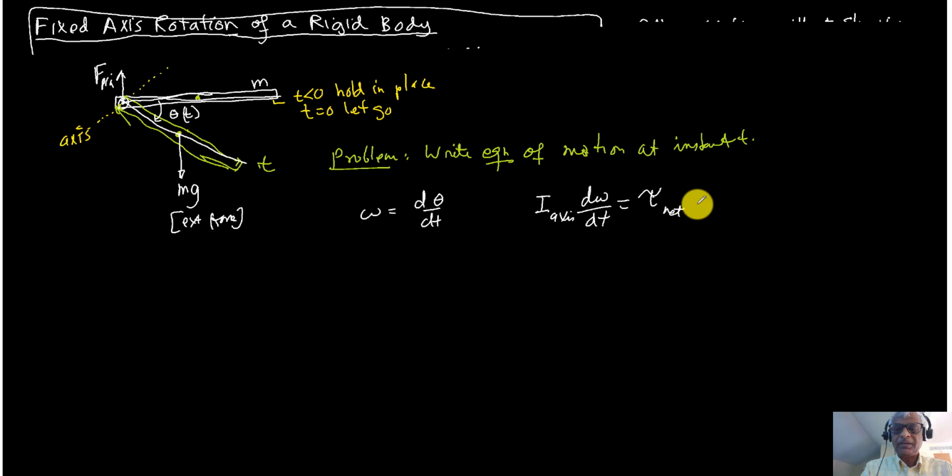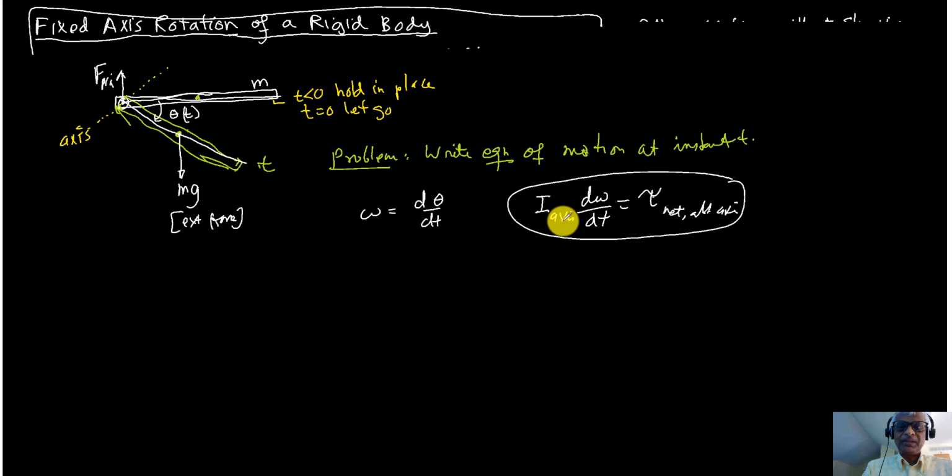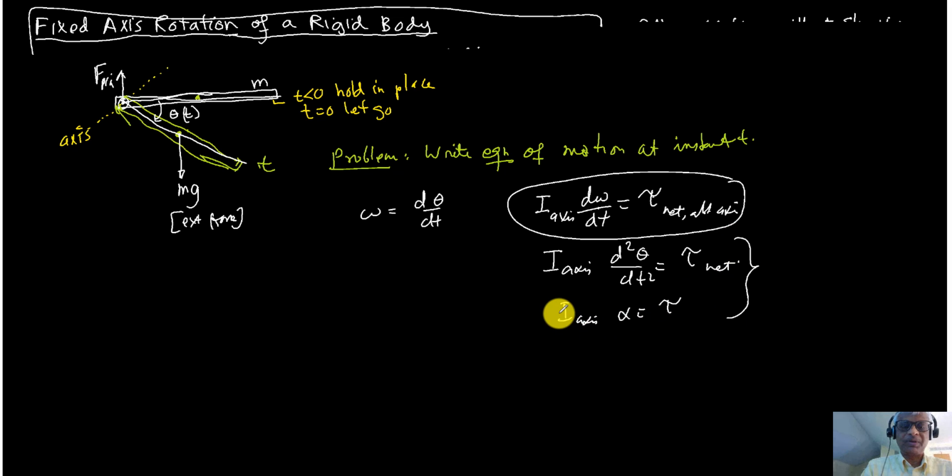This is about the axis. So that is the equation of motion we're trying to illustrate, right? So putting omega in there, it's going to be I about the axis d squared theta by dt squared equals tau net. Or I can say I about the axis alpha equals tau. Either one of these is fine for now.